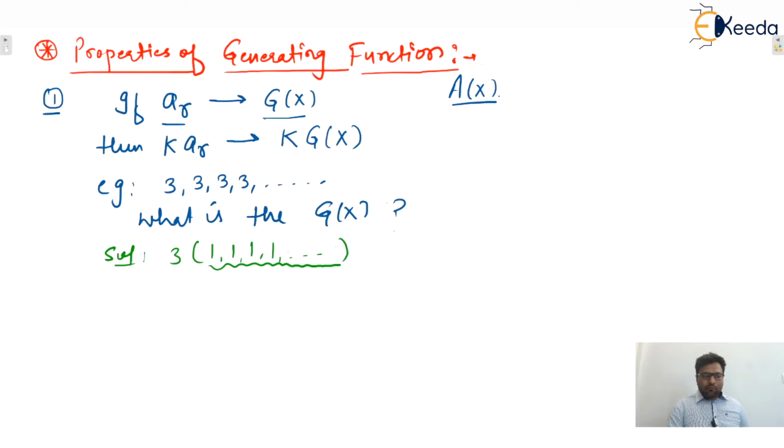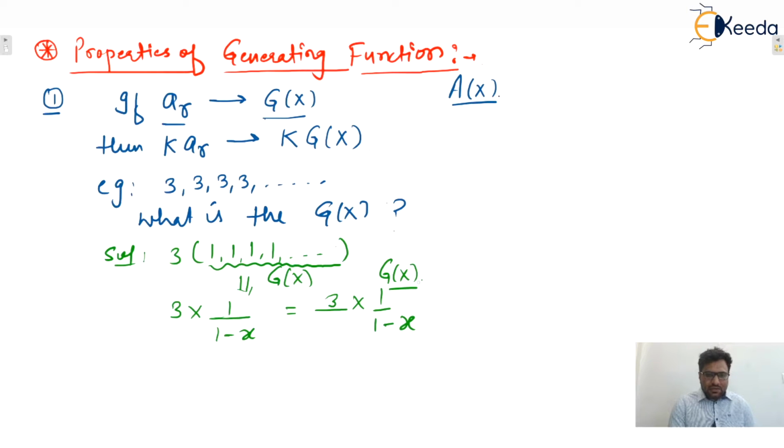We already did 1, 1, 1. And what was the generating function for that one? It is 1 upon 1 minus x. So that is multiplied with 3, and it becomes 3 into 1 by (1 minus x). So the generating function for 1, 1, 1 was g(x), and this g(x) is multiplied with 3 if the sequence is multiplied with 3.